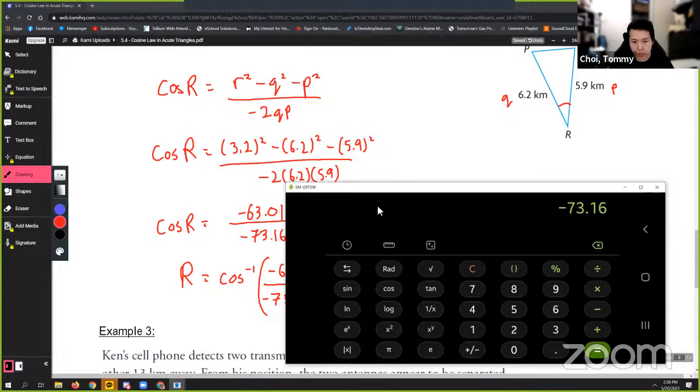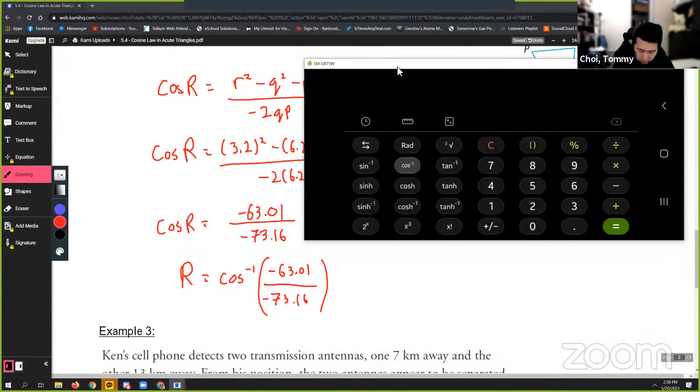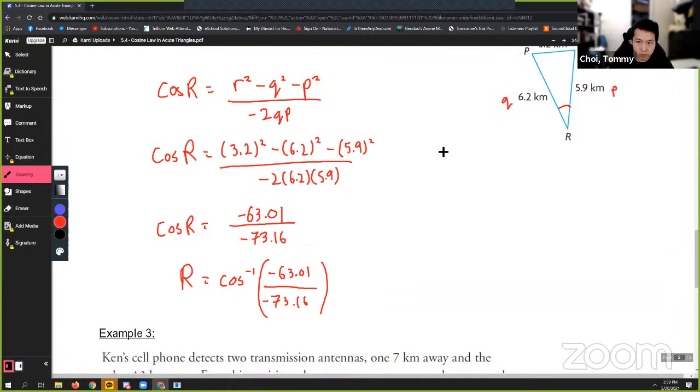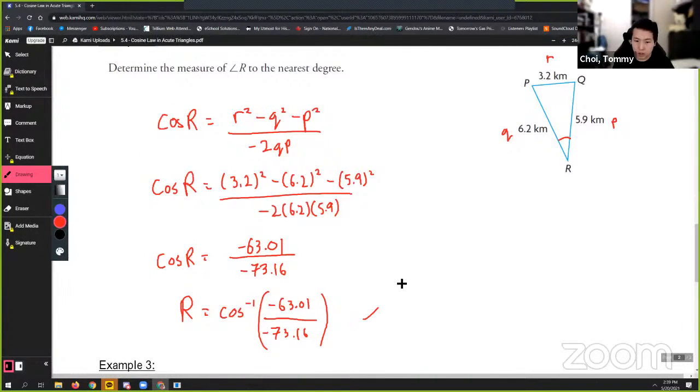So on my Android calculator, if I do that, cos inverse of negative 63.01 divided by negative 73.16 gives me R is equal to 30.5. And rounded to the nearest degree would be 31 degrees.